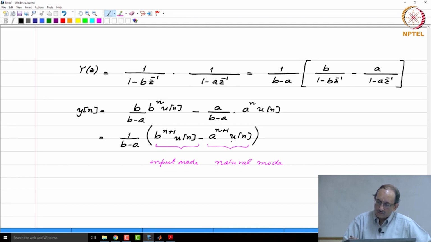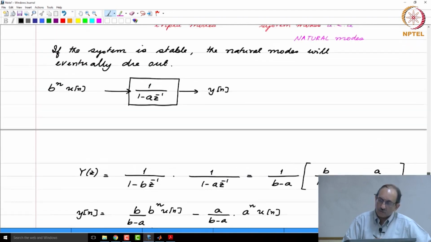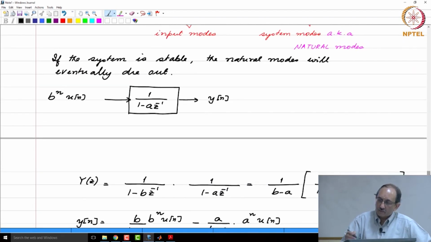And if to this particular system, instead of b to the n u of n, if you had applied say cosine omega naught n u of n, you can go through the exercise similar to what you have done here.